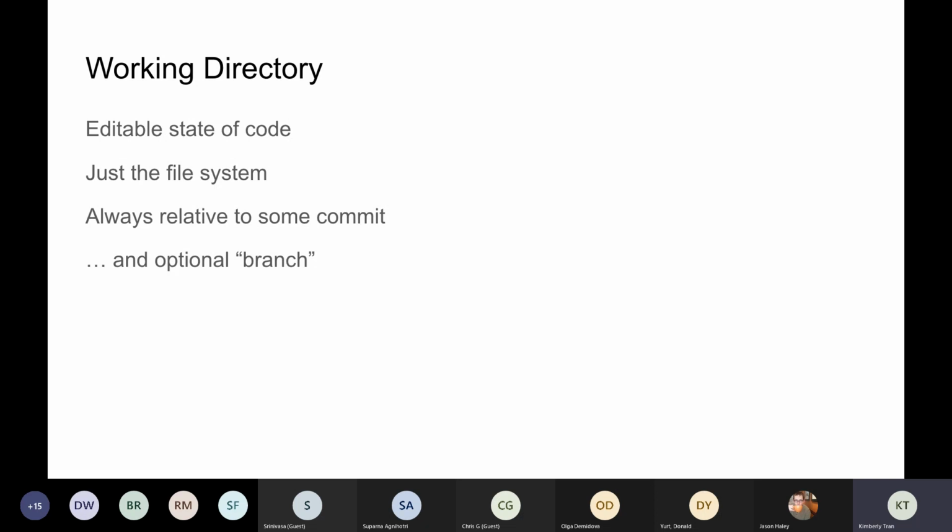That's actually key there, because your working directory is almost always attached to a commit, but because the branch is optional, sometimes you may be in what is known as, you might have seen it already, detached head state, which means that you're on a commit that has no branch.